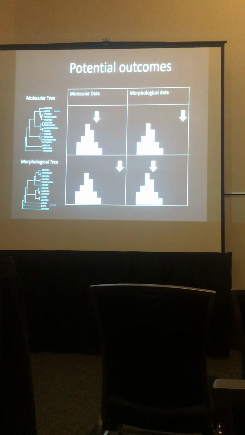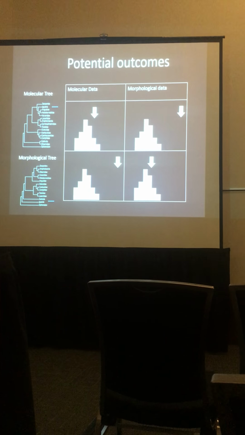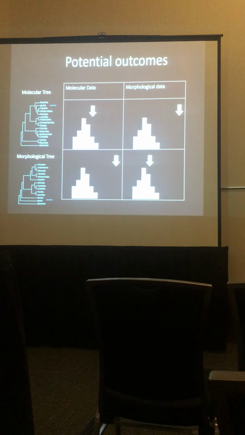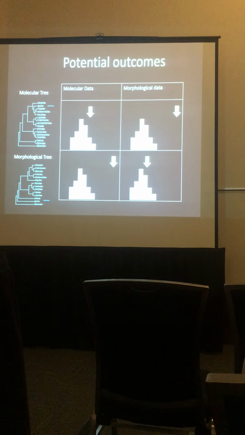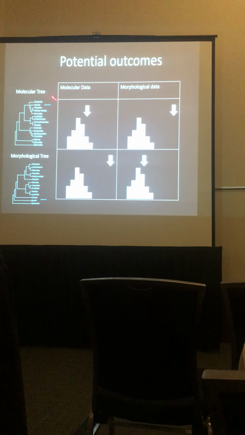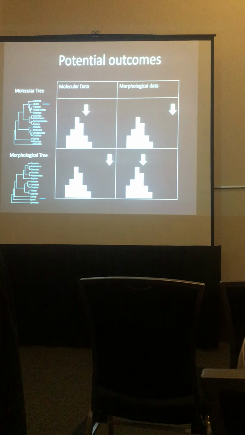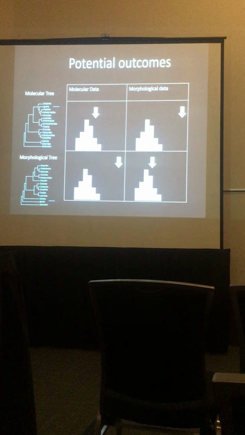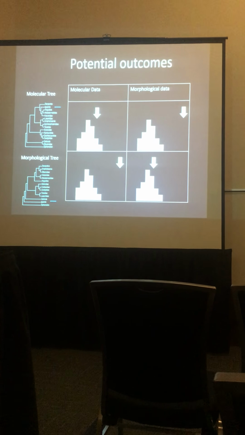And so, like I mentioned, I'm still working on getting the results for this, but the potential outcomes are: if we're going to believe what the molecular tree has to say and believe that this phylogenetic hypothesis is accurate, then you're going to expect that for the molecular data, you're going to have pretty good model fit across all of the different genes, and any poor model fit won't necessarily be correlated with any specific topology.